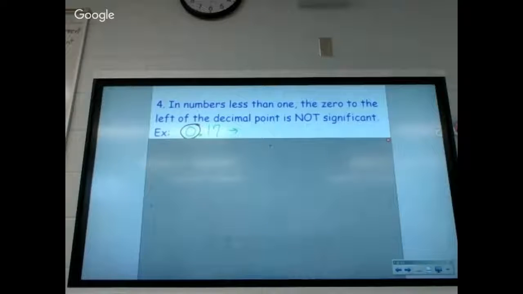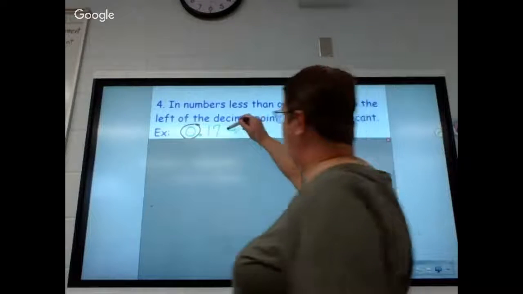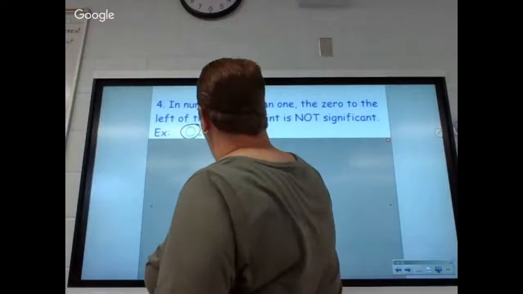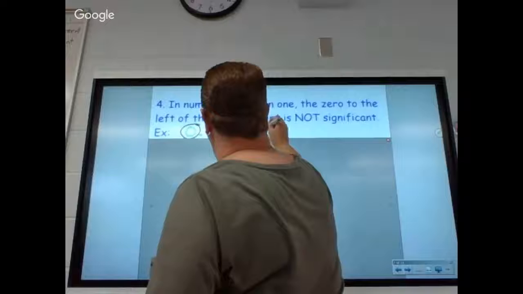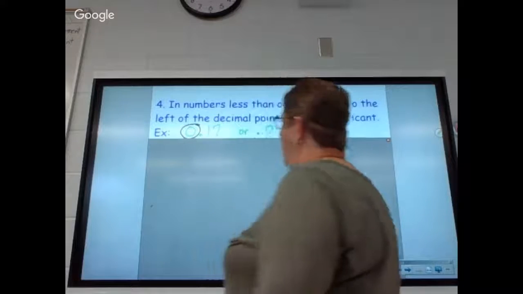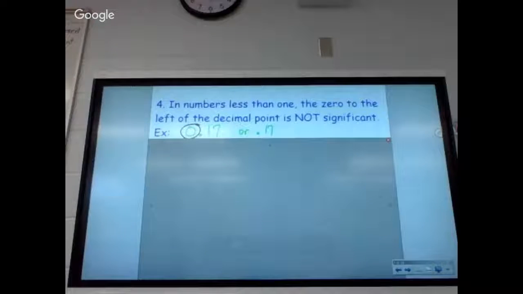They are not significant. Why are they not significant? Well, if you have 0.17 like that, or you have .17, are those numbers the same or are they different? They're the same number.